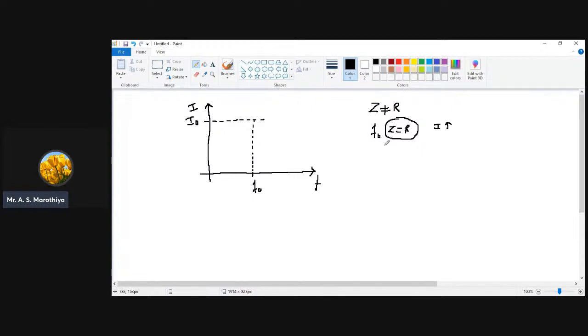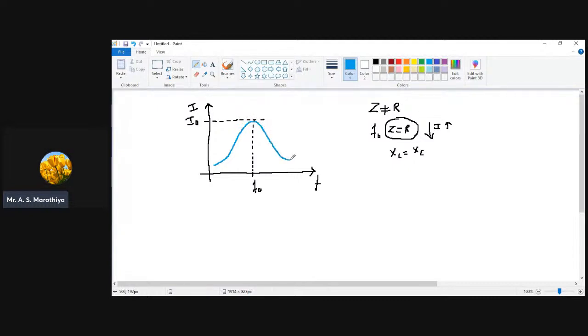And again, if you increase the frequency beyond this resonant value, Z is not equal to R, because the condition XL equals XC is violated. Then the impedance is not at the minimum possible value, and hence current has to reduce. So the variation of current with respect to frequency is going to be like this.